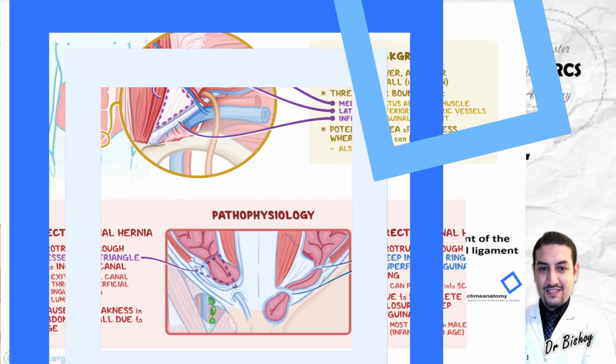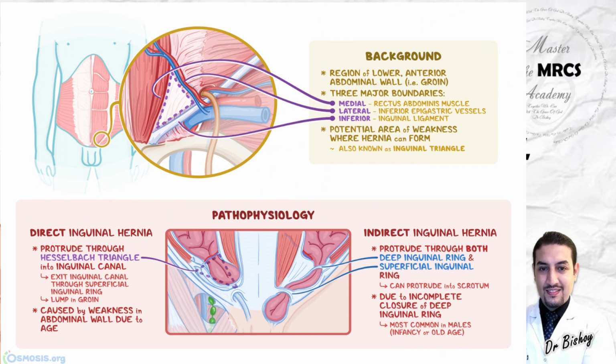Take care. And by the way, the deep internal ring is lateral to the epigastric vessel, and the epigastric vessel is the line laterally that divides the Hesselbach triangle from the indirect hernia. So when you have the inguinal ring, the internal ring is outside the epigastric vessel.